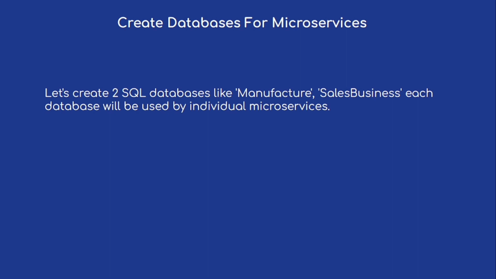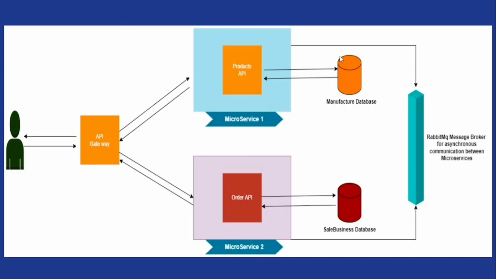So, create databases for microservices. Let's create two SQL databases, manufacturer and sales business. If you want to use MongoDB, you can use that as well, or any database you want. I am just using SQL database. Each database will be used by the respective microservice.